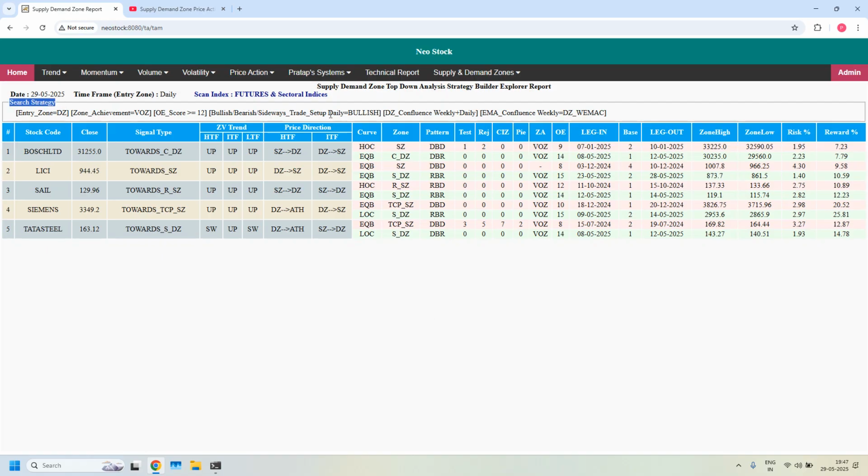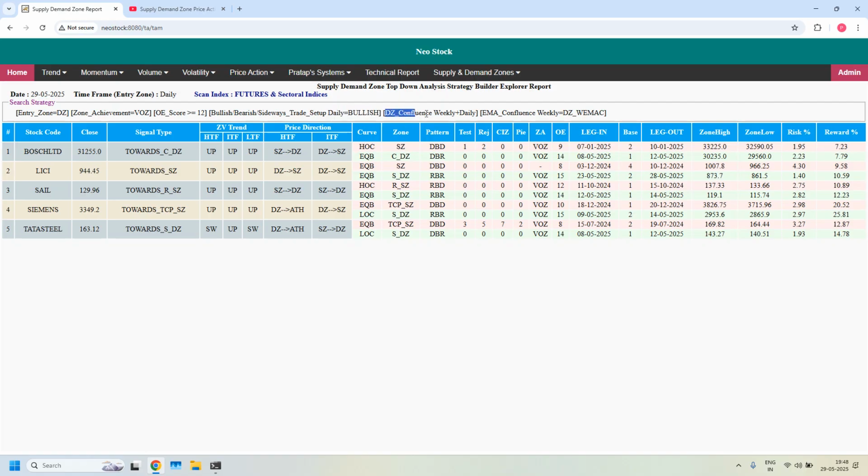See, always look into the search strategy. How are we filtering? The strategy you can see here: our entry zone is a demand zone. First of all, entry time frame is daily, entry zone demand zone, and zone achievement violated opposing zone, odd enhances score greater than 12. Bullish or bearish or sideways trade setup at a daily time frame, we selected bullish.